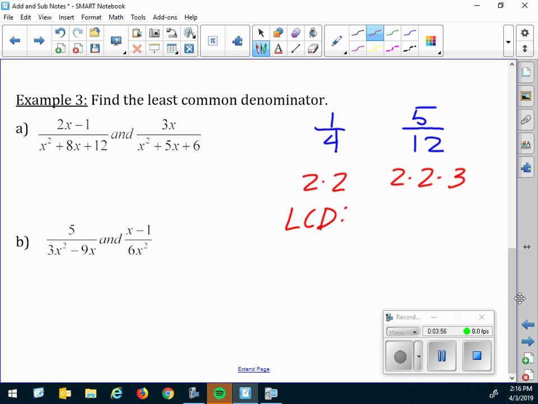There's a 2 that's common, and another 2 that's common. Is there anything else that's common? No. We write down everything else we see. That's the least common denominator.